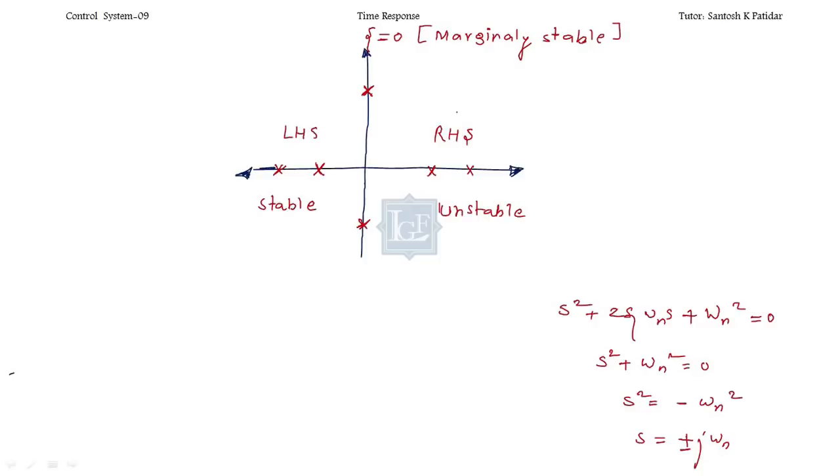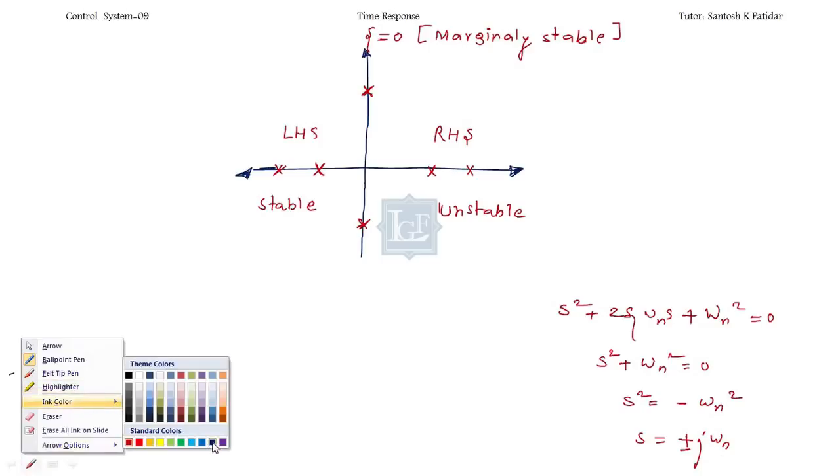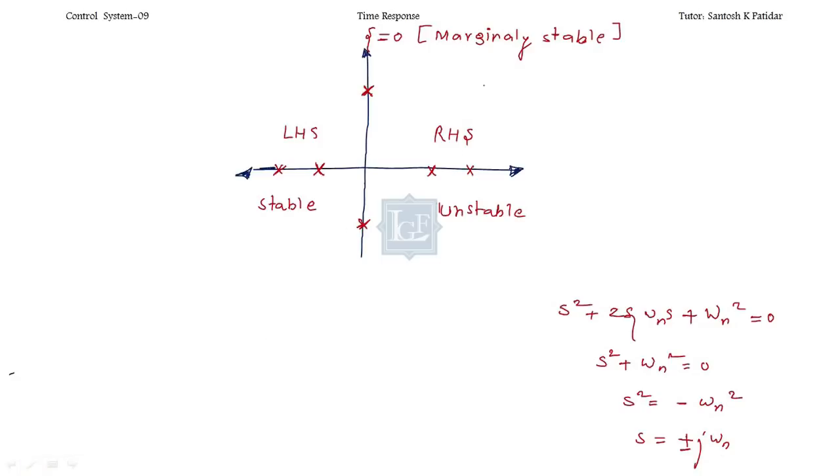So this is the condition where, for the unstable system I'm talking about, zeta is less than 0. This is the condition where zeta is greater than 0. If zeta is greater than 0, the system will be stable.